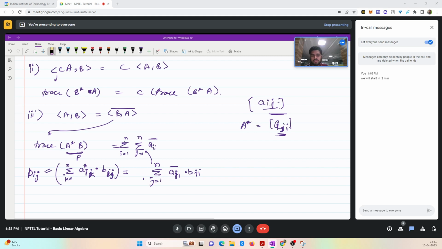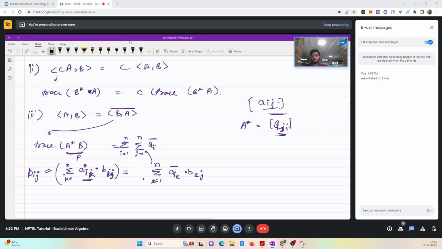Sorry for this. Okay, so this would be ik, this would be kj, and this summation should be over k. This is how we do the matrix multiplication, right? We take the ith row and the kth column, and we take the dot product of both of them, right?